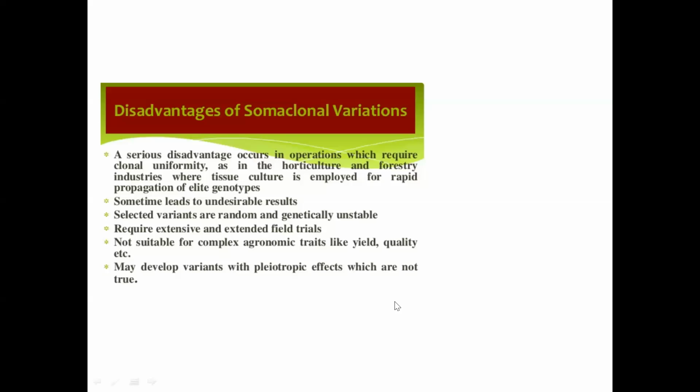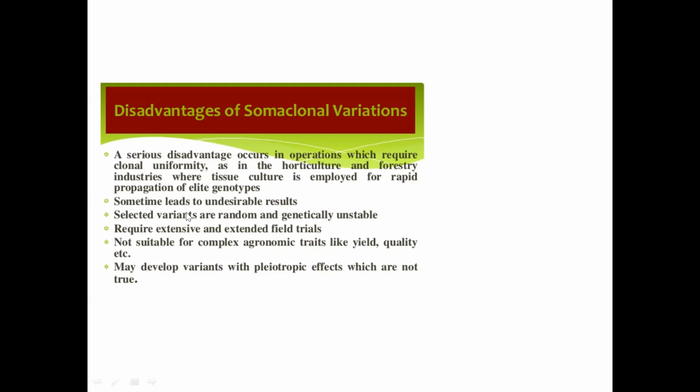It may be predictable in the lab conditions, but it may not be predictable in the field conditions. So you cannot say that you will get uniformity, where tissue culture is employed for rapid propagation. In the horticultural area, you cannot say that somaclonal variation will be uniform throughout. Suppose you are distributing 1,000 plantlets, you cannot guarantee that all the 1,000 plantlets will be holding the variant with them. Okay, that is the condition.